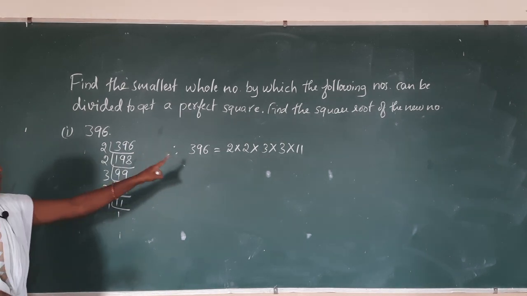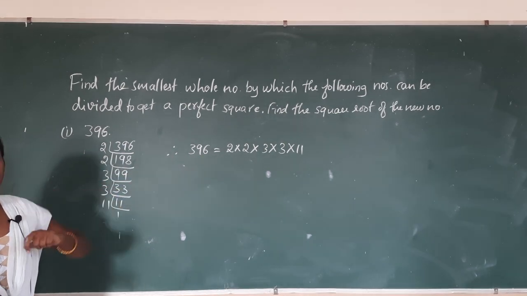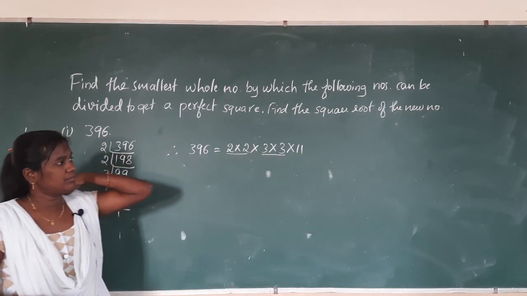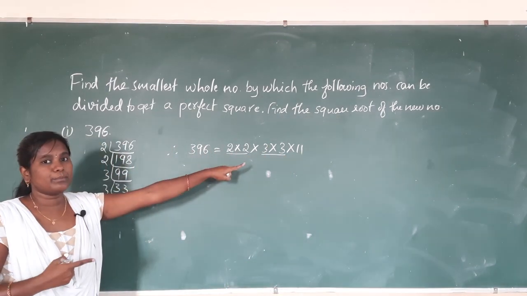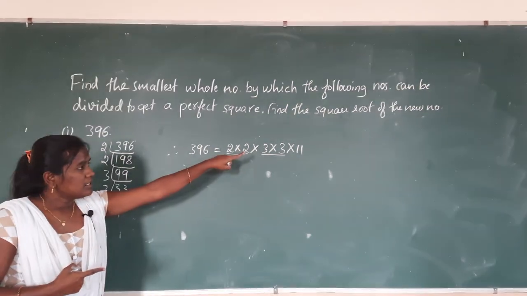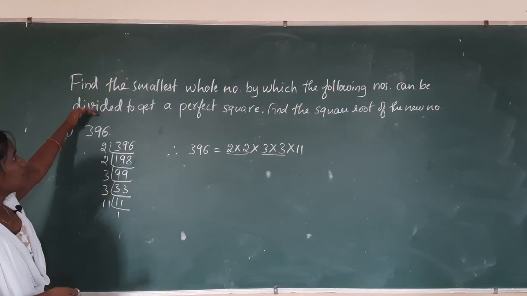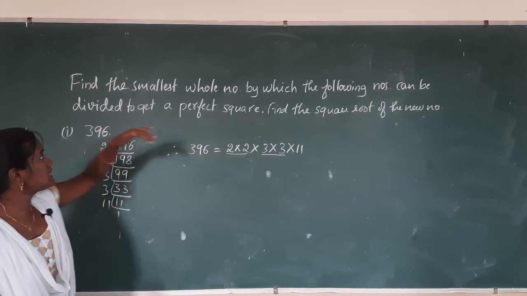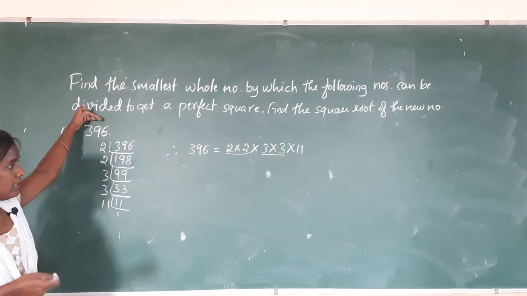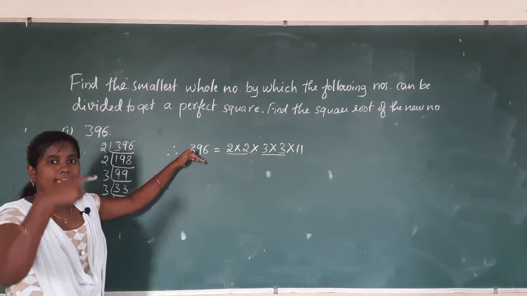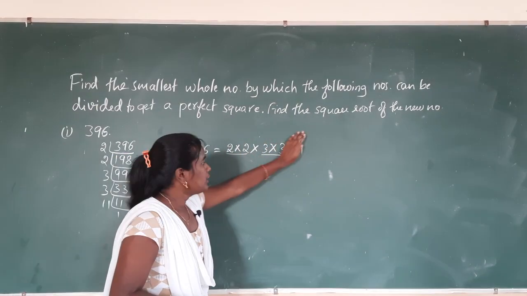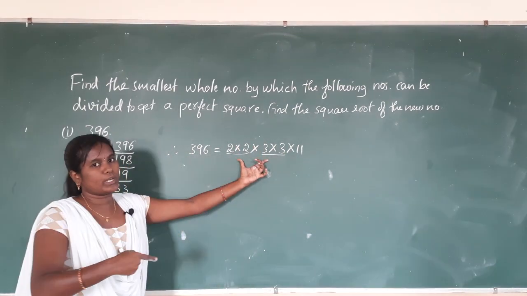Observe carefully: 2 into 2 into 3 into 3 into 11. Which one is unpaired here? 11 is unpaired. The question is, find the smallest whole number by which 396 can be divided to make it a perfect square.